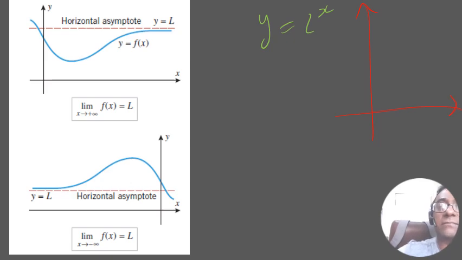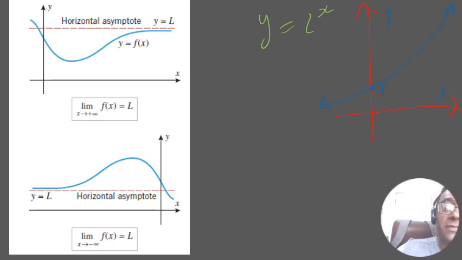So it intersects the y-axis at 1, right? There's your y-axis, there's your x-axis. And so as x tends to infinity, gets larger and larger, the function becomes unbounded and just increases. But on the other side, as x tends to minus infinity, the function gets smaller and smaller, and it's asymptotic to the x-axis.